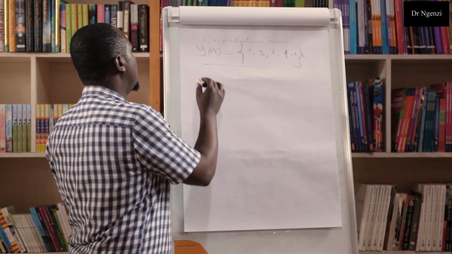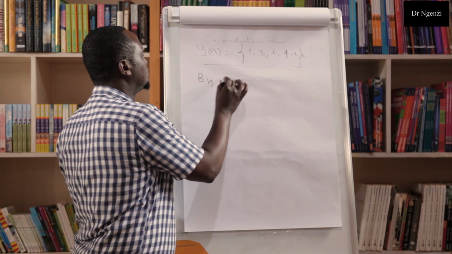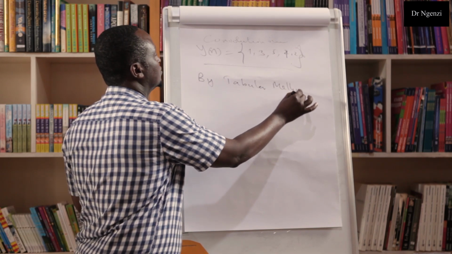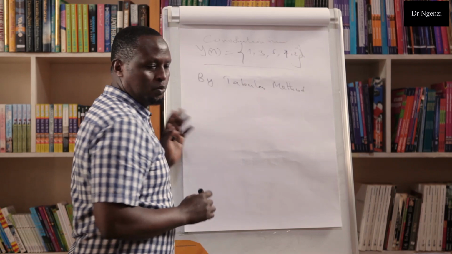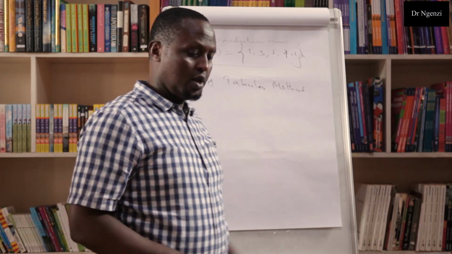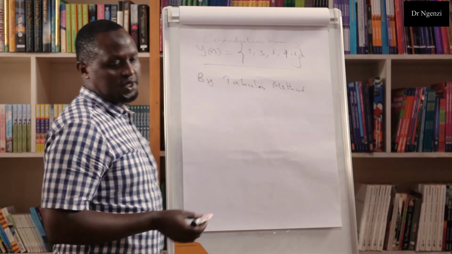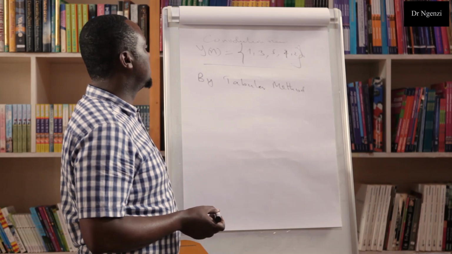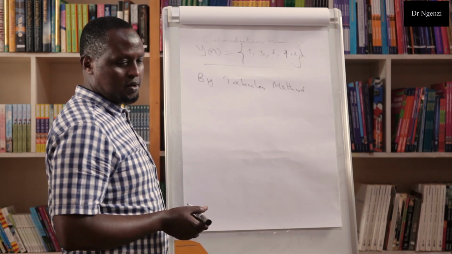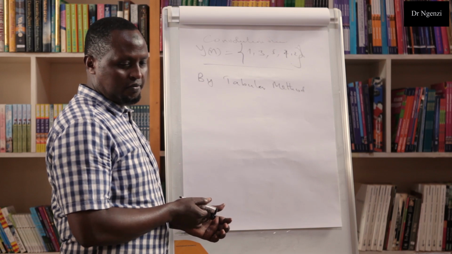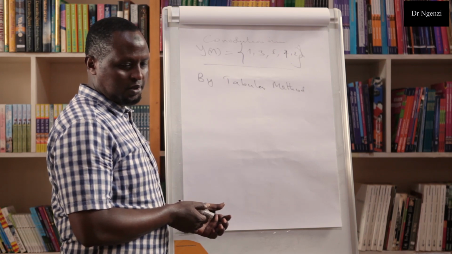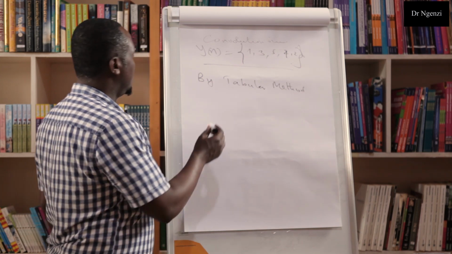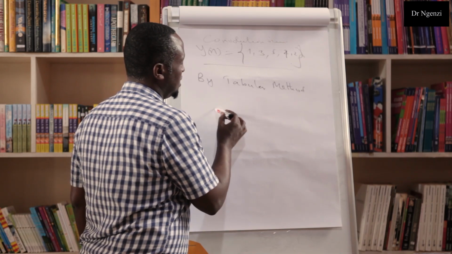But here, by using the tabular method, you make a table. And then the table will look, for example, like how many values. So the values of h, if you can recall very well, on this side, it's going to be, for example, the other values from where, for example, you say this is a table.